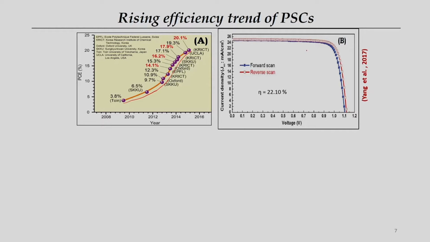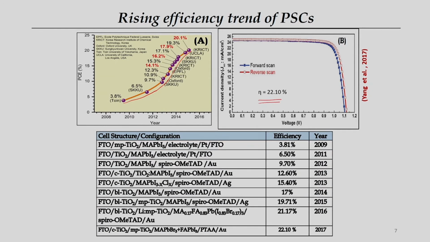The blue colored line is for forward scan and the red colored line is for reverse scan. What you can see here is a conversion efficiency of about 22.1%. There are many configurations, and you can also see the conversion efficiency starting from 2009. In 2017 it attains an efficiency of 22.1%.